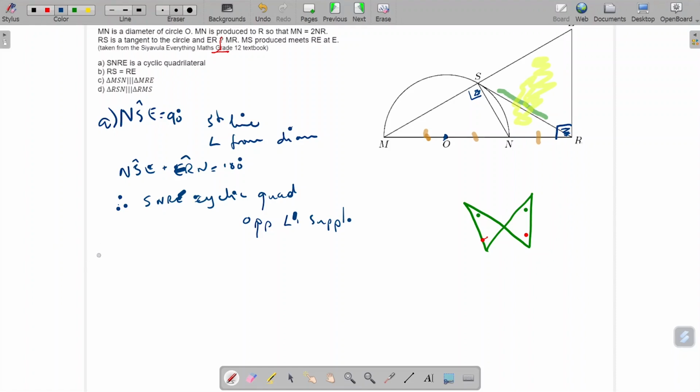Okay, B, how do we prove that RS equals RE? Well, let's think this one through. Okay, RS equals RE. Well, if RS equals RE, there we've marked them.